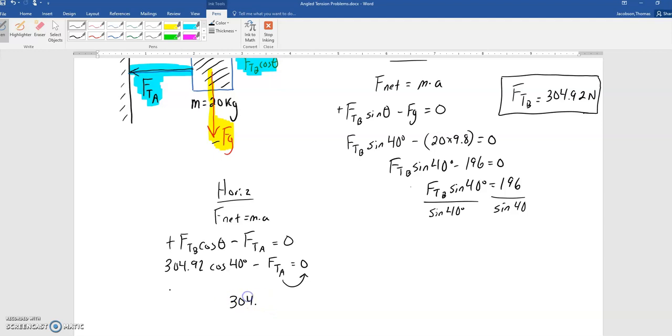So 304.92 cosine of 40 equals FTA. And therefore, FTA, when you go to your calculator, 304.92 times the cosine of 40 gets you 233.58 newtons.